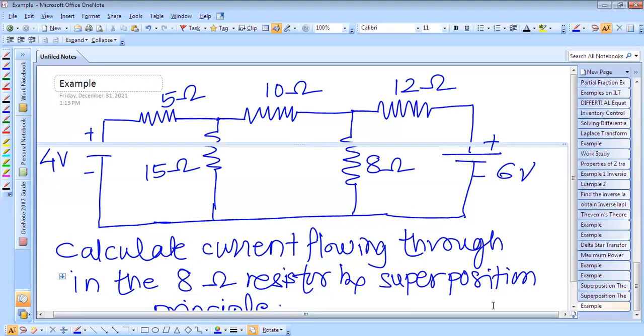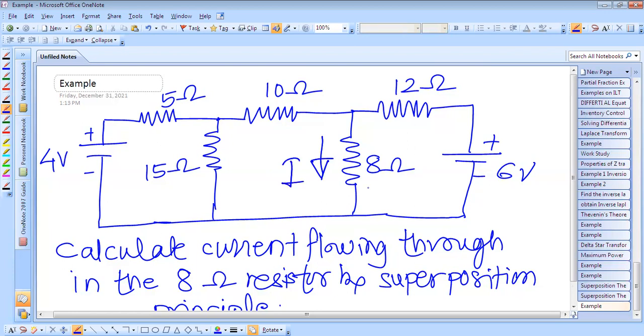So how can you find it by using the superposition principle? Superposition principle means here we have to find the current flowing through this 8 ohm resistor. We'll solve it for each individual voltage source.